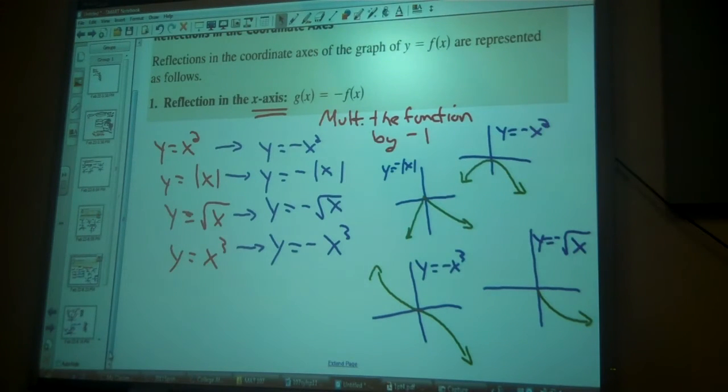Okay, so we can combine this together with what we've already done, our horizontal and vertical shifts. If we do combine them, though, we want to make sure that this happens first. If there's shifts and reflections at the same time, it's kind of like an order of operations. The reflection has to happen first.